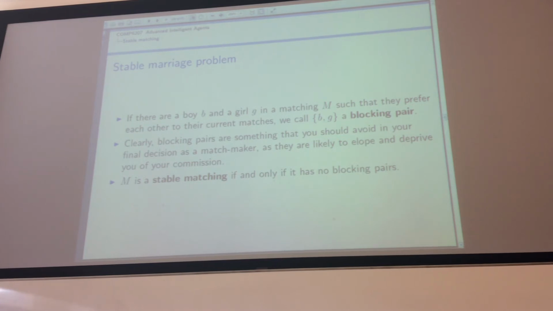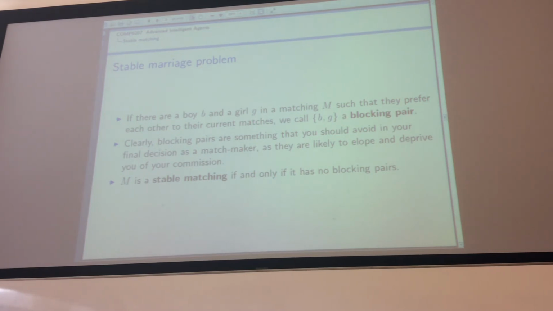It's just not as liked as someone else. So you may have a boy and a girl in your initial matching that like each other more than their current partners in the matching that you proposed to them. We would call them a blocking pair.